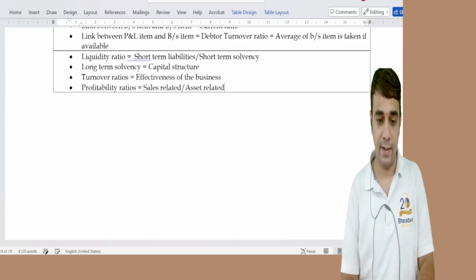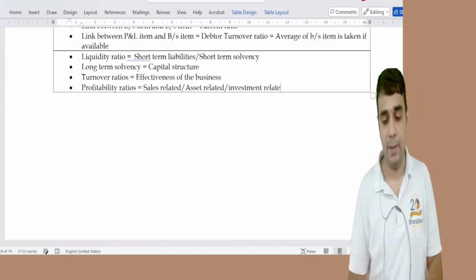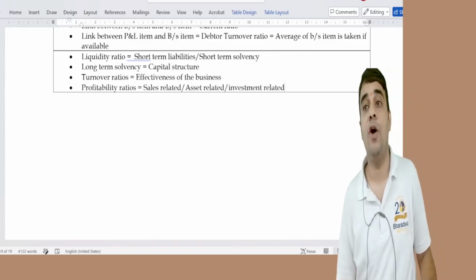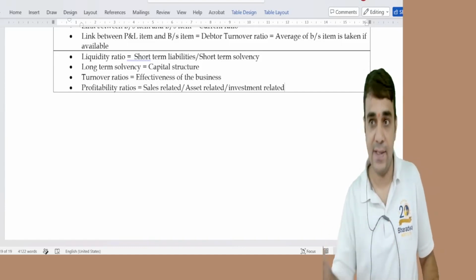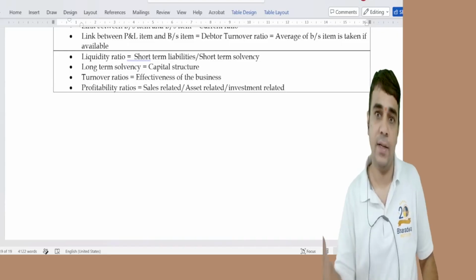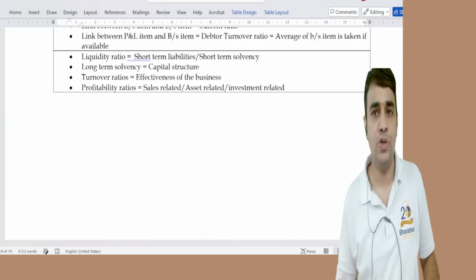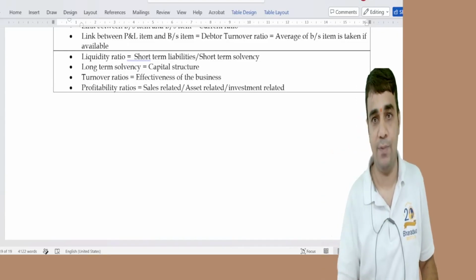Asset related or investment related. There are certain profitability ratios where the denominator is assets, investment, capital employed. That is another category of ratio. You will understand all of this as we proceed.